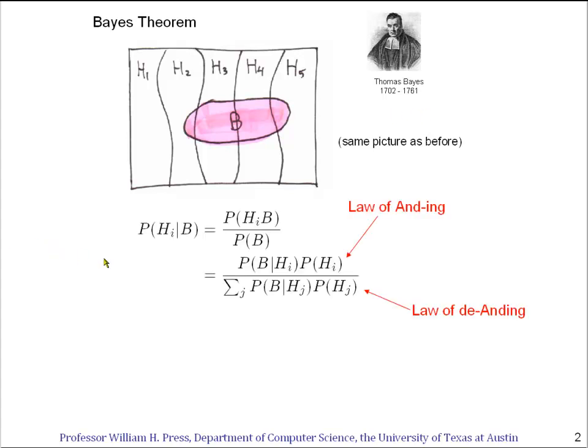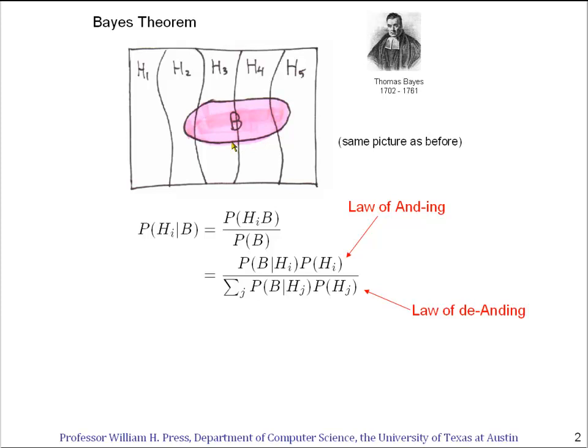So the theorem starts off as this. Suppose that we want to know not the probability of B, which is what we previously were looking at, but the probability that we're in one of these sets H sub i, where in the picture above i goes from 1 to 5, given that we're in set B. By the definition of conditional probabilities, we can write that, suppose we're dealing with H2, as the probability of H2 and B, that's this little segment here, divided by the probability of B, which is this segment here.